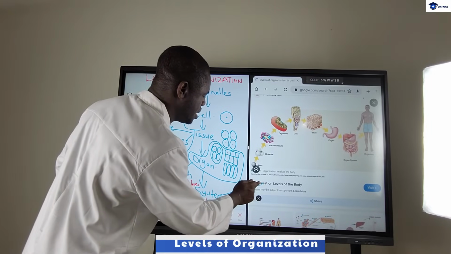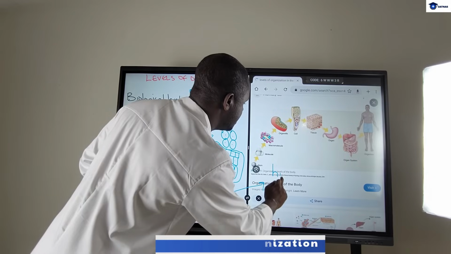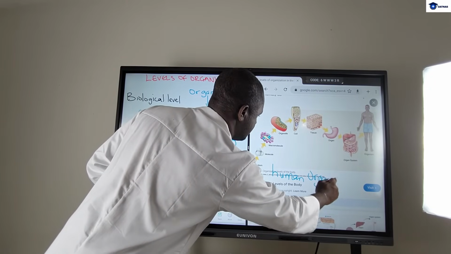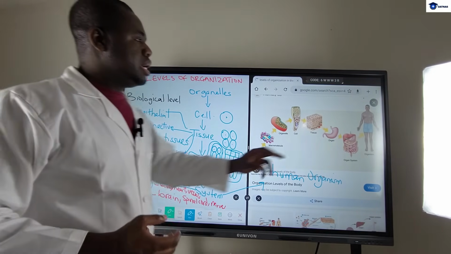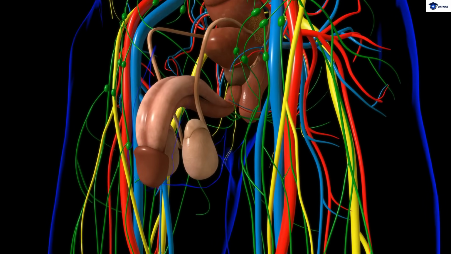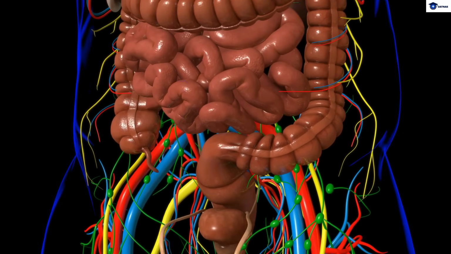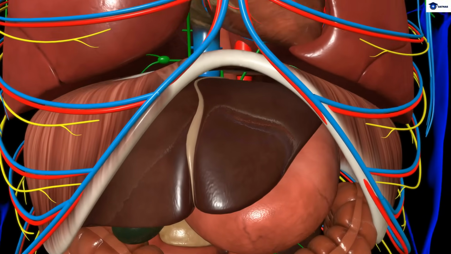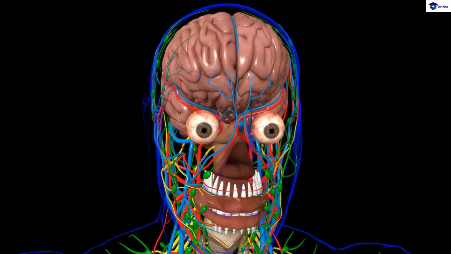Two or more systems form the human organism. That is, as we are, as a whole, we are made up of multiple systems that work in collaboration, that come together, unite to ensure that the human organism is in perfect shape.